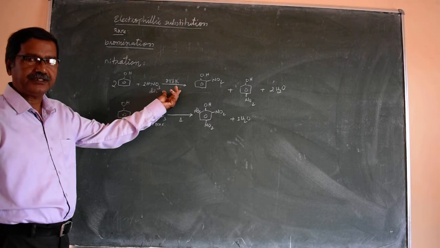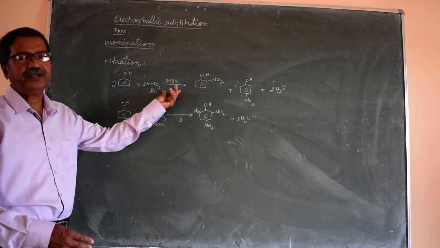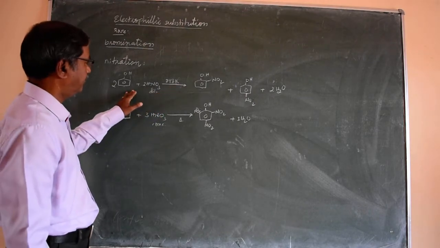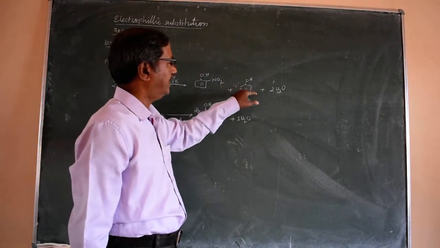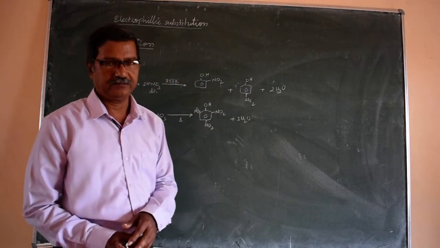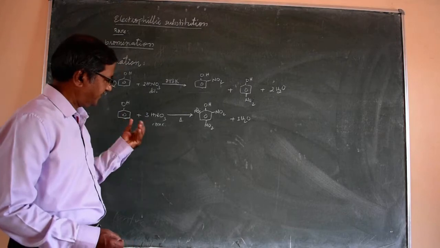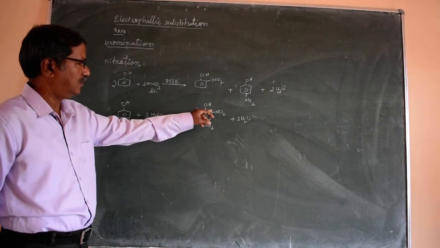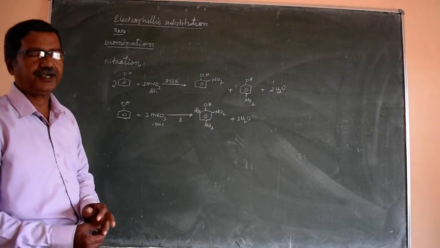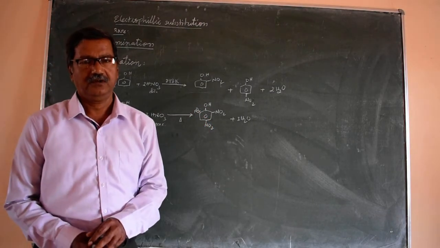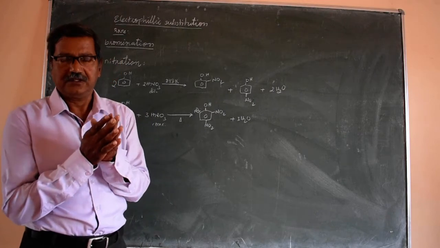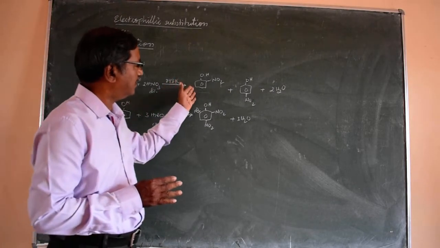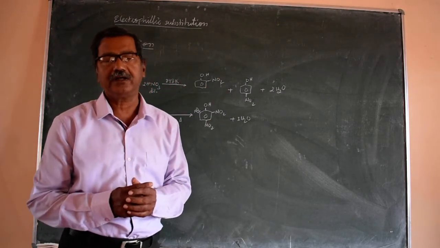When the temperature is low, meaning normal temperature, 298 Kelvin, you get ortho and para-nitrophenol. If it is concentrated HNO3, then the product formed is 2,4,6-trinitrophenol. Well, the question arises: is it possible to separate ortho-nitrophenol from para-nitrophenol?